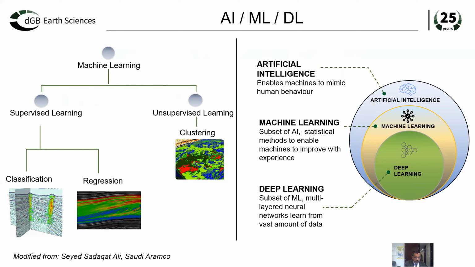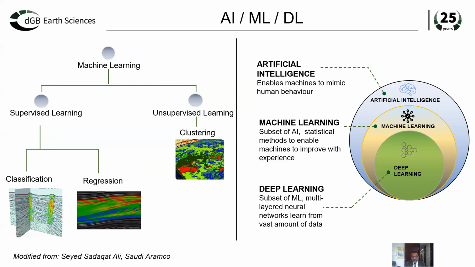But artificial intelligence is where computers learn something and apply it to other data sets. That is the basis of the behavior of artificial intelligence. Machine learning is a subset of it, which usually covers neural network analysis. These enable machines to improve with experience: the more data they see, the more improvement they can get.